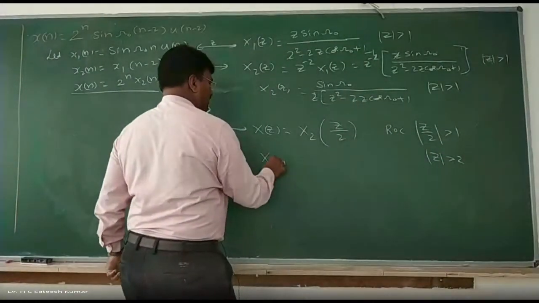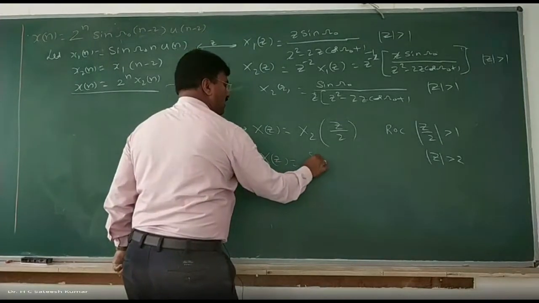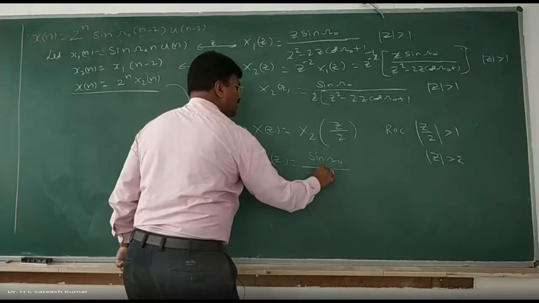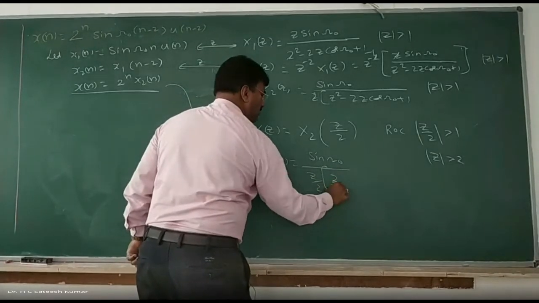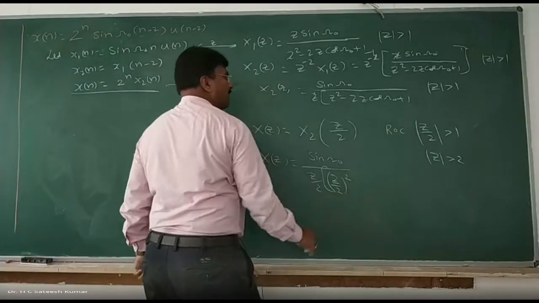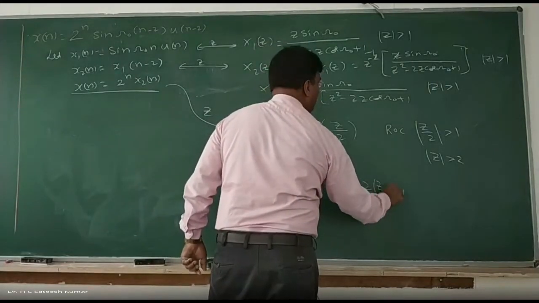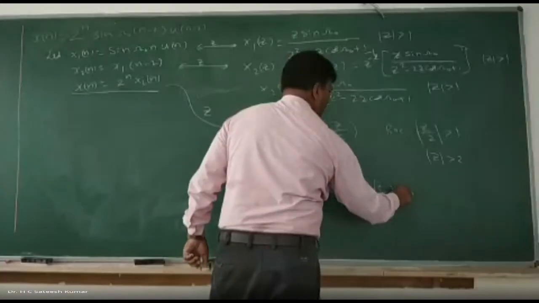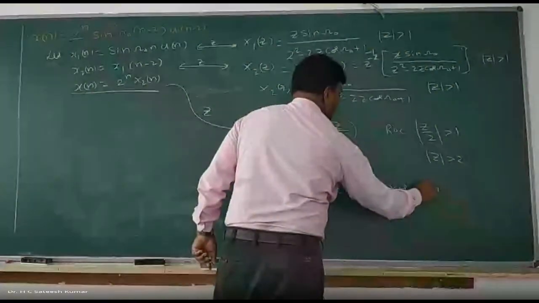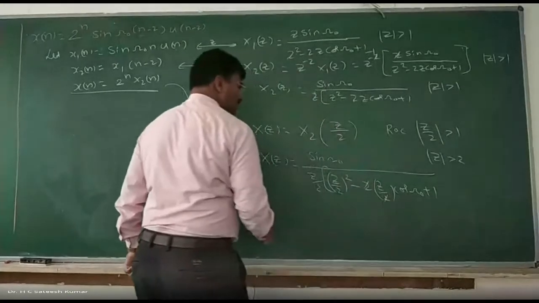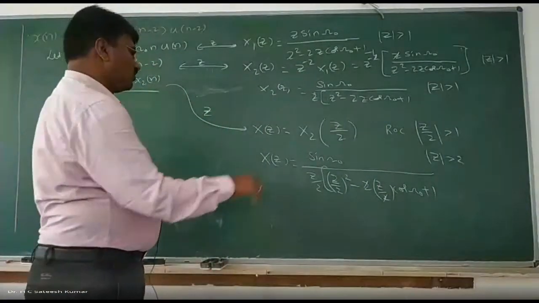Therefore, x of z is equal to sine omega naught divided by z by 2 into z by 2 whole square minus 2 into z by 2 into cos omega naught plus 1. 2 gets cancelled, and this 2 will go to the numerator.